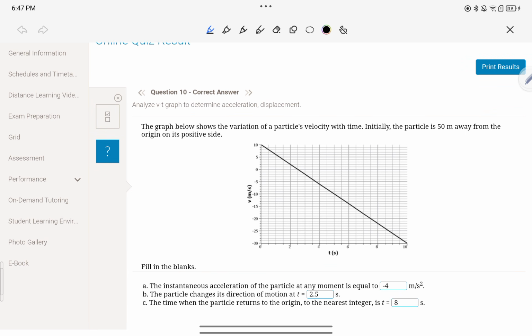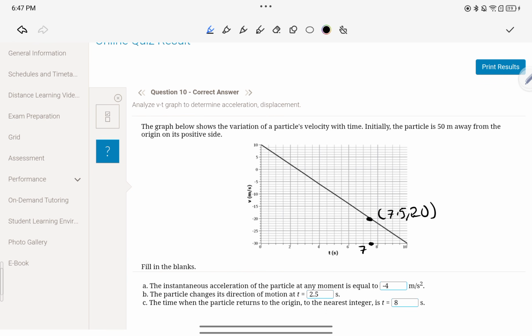Look, here it's 7.5 and 20, because between 7 and 8 it's 7.5.